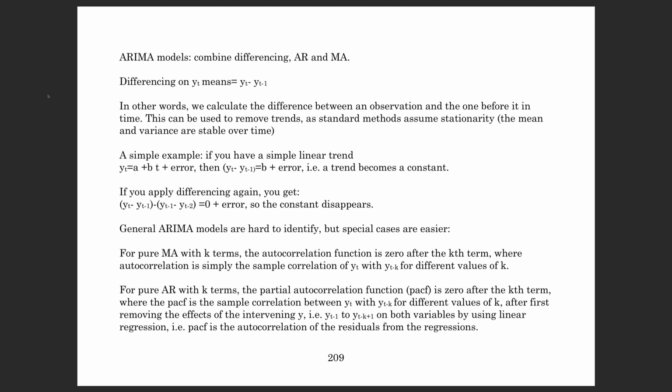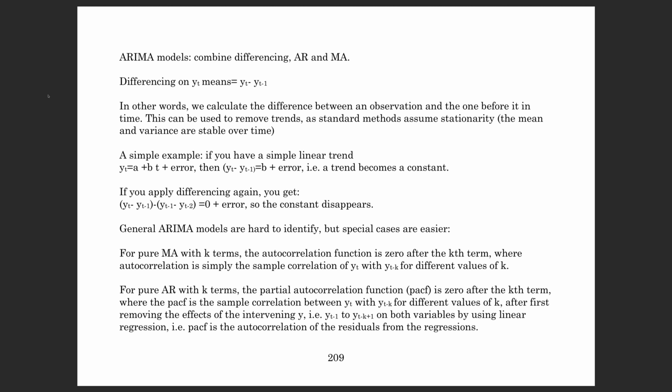General ARIMA models are hard to identify, but special cases are easier. If it's a pure moving average with k terms, then the autocorrelation function will be 0 after the kth term. This just means the autocorrelation of Y_t with Y_{t-k}.